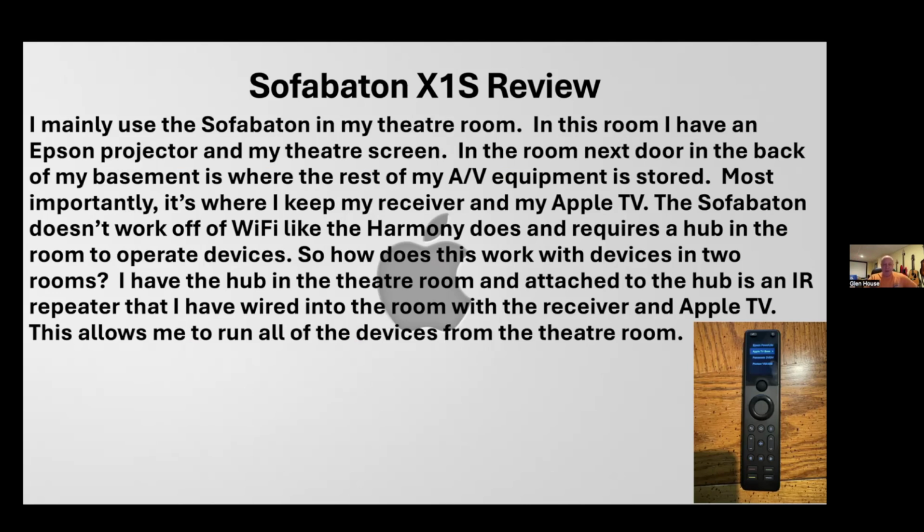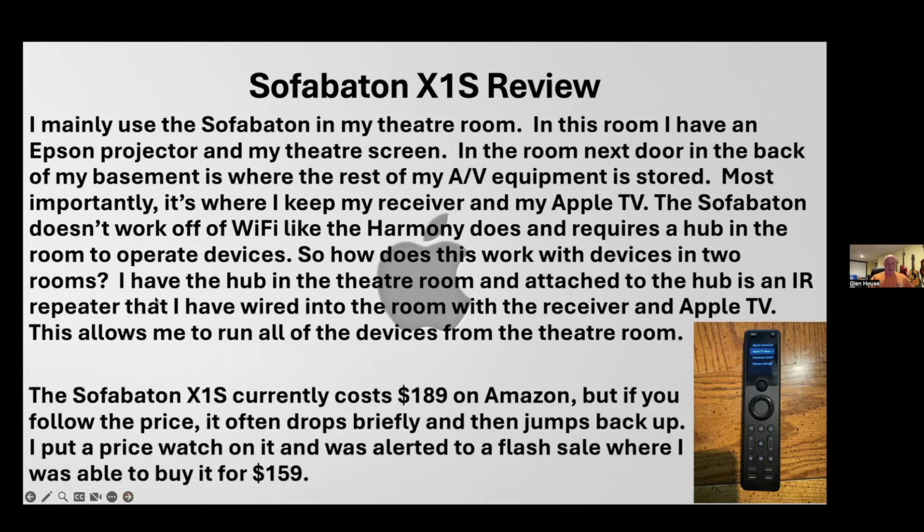But the only thing I can't operate is my receiver. So what I've done is run an IR repeater from my hub here through the wall, and I'll show you pictures, it's literally sitting on my receiver, and it sends the signal from here, and then I can run all my devices.